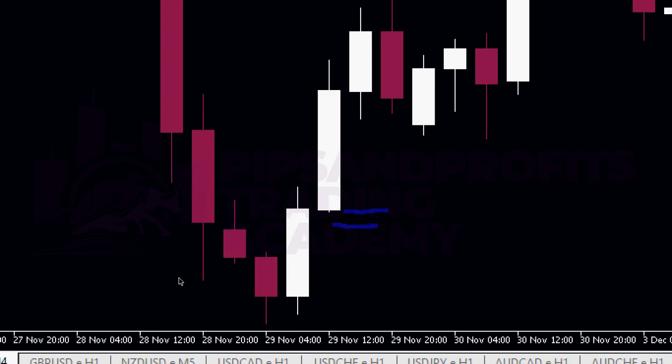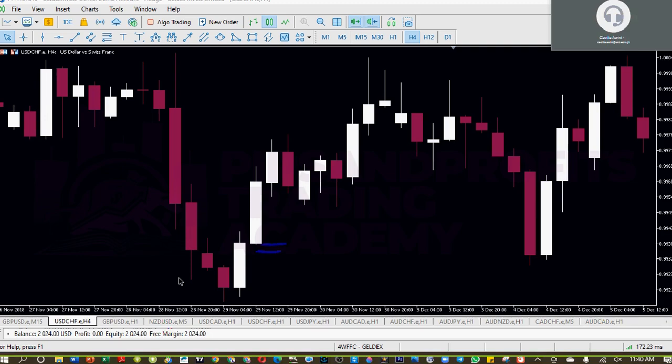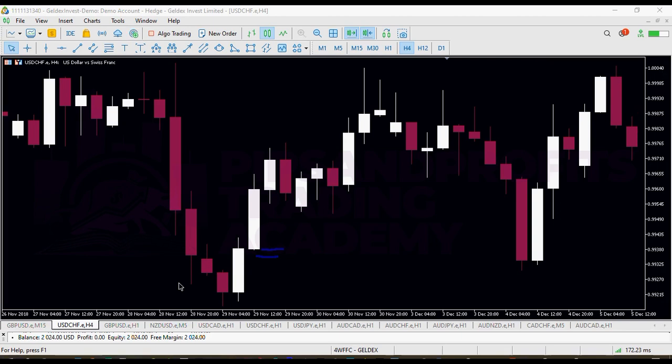And after it gave us the low, it then gave us a high, and finally it closed. So this is a bullish candlestick. All the white ones you see, you can see the same thing happening. It opened over here, gave us a low, gave us a high, and then closed.